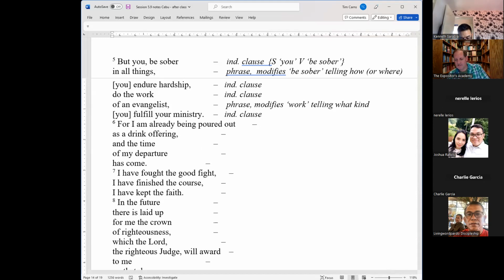All right, verse 6. Let me ask Charlie on this one. "For I am already being poured out." Is that a phrase or a clause, Charlie? A clause. Yes. Now, is it independent or dependent?